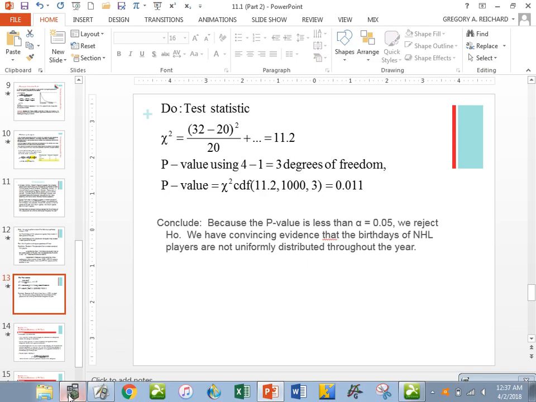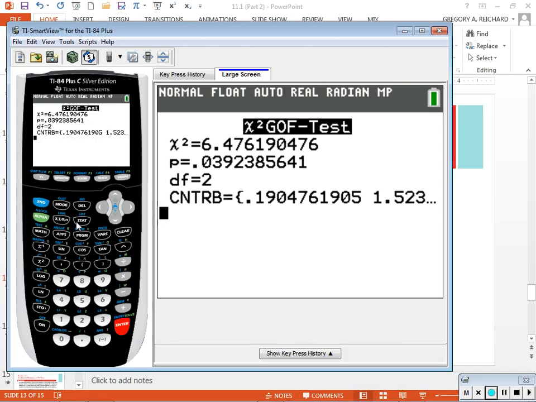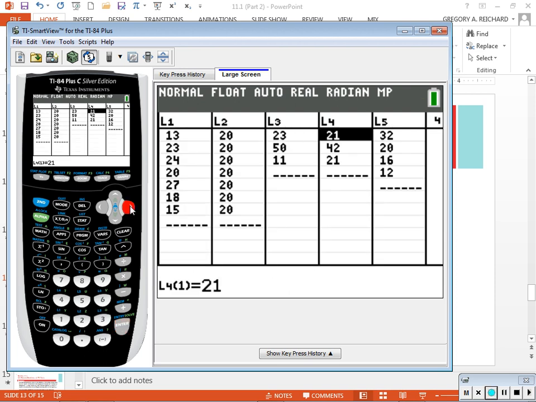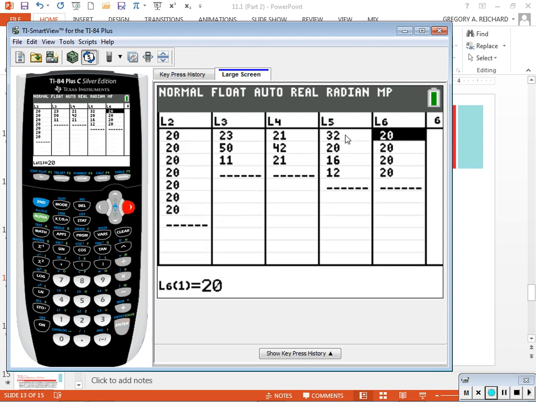So I took these numbers and I stored them in the L5 and L6 columns of my calculator here. So if I scroll over to L5, so here's the birthdays by quarter: first quarter, second quarter, third quarter, fourth quarter, and this would be the expected counts if they were equally distributed.